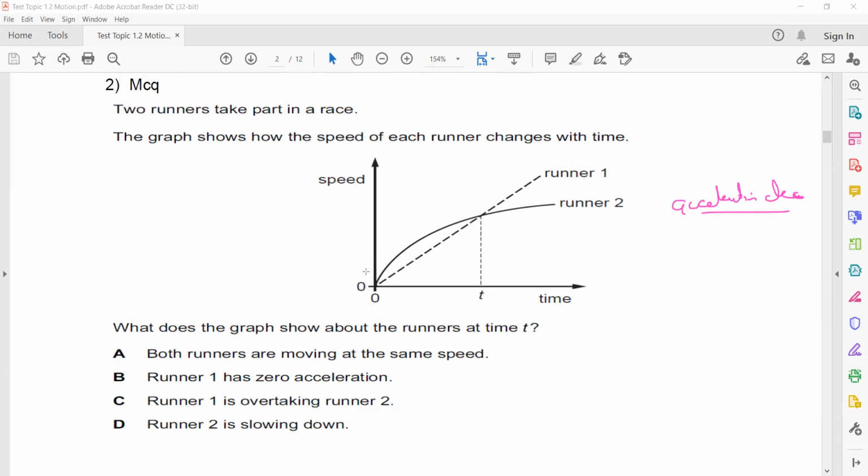When you check the values, like if you mark the axis, say this is 10, 20, 30 and so on, you can clearly see that first it was 10 meters per second, then 20 meters per second, then 22 meters per second. So speed is increasing, but the runner's acceleration is decreasing. And what is the meaning of acceleration decreasing?